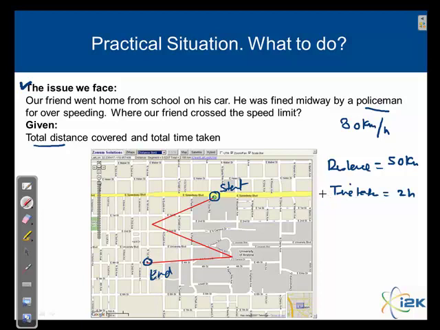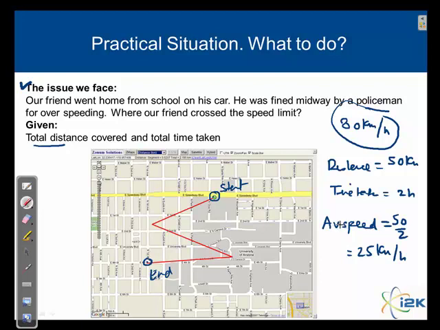Now if you wish to find where he crossed this limit, and say you want to find the average speed, it is 50 by 2, which is 25 km per hour. Naturally, with this average speed concept, we cannot say where he crossed the limit. So this average speed is not beneficial to us in this situation.